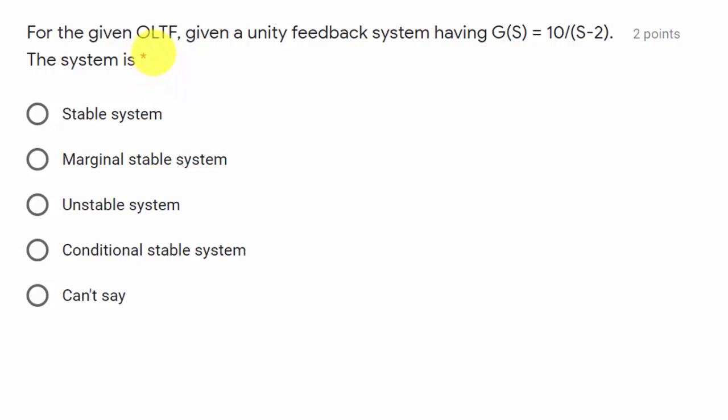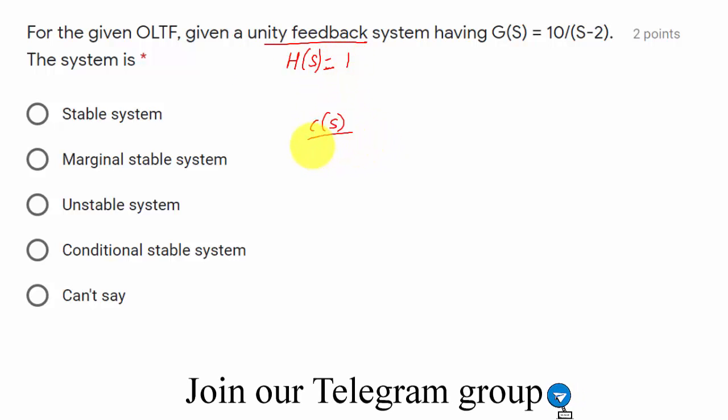Moving on to the next question, for the given open loop transfer function of a unity feedback system, G(s) equals 10 divided by s minus 2. The system is unity feedback, which means H(s) will be equal to 1. For a closed loop system, the transfer function C(s)/R(s) equals G(s) divided by 1 plus G(s)H(s), where H(s) equals 1.